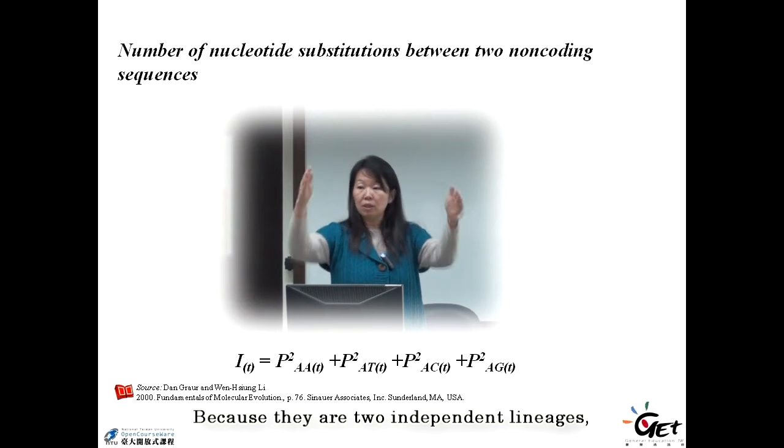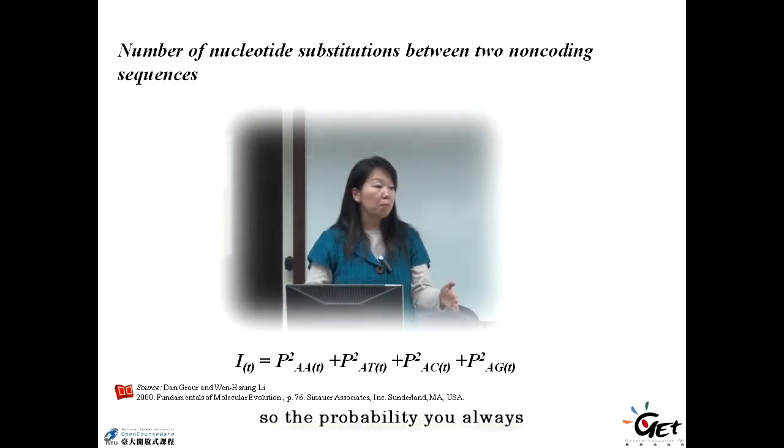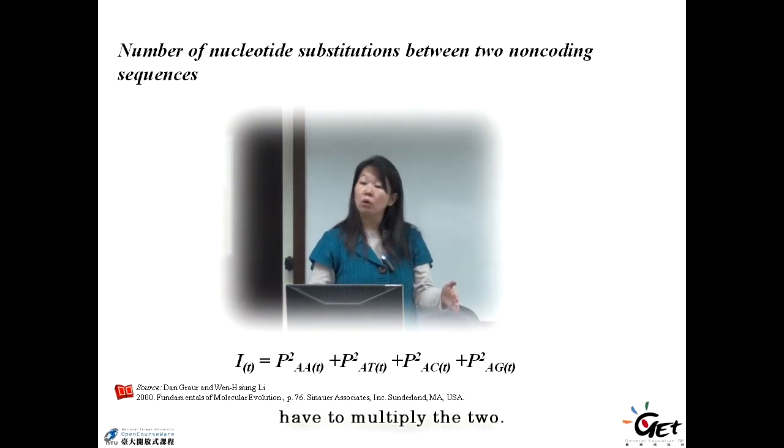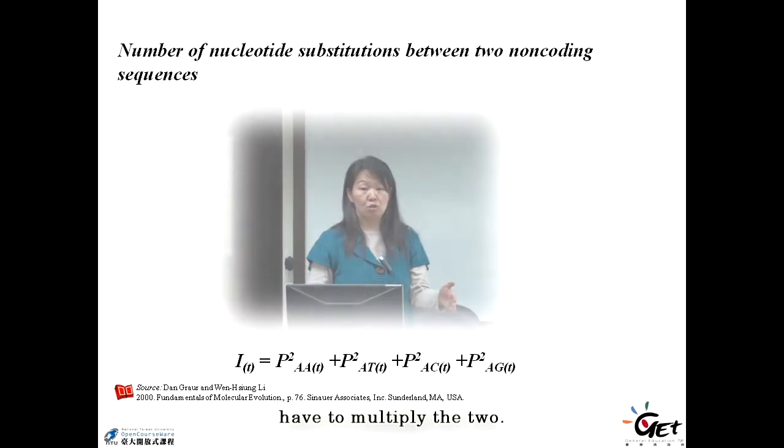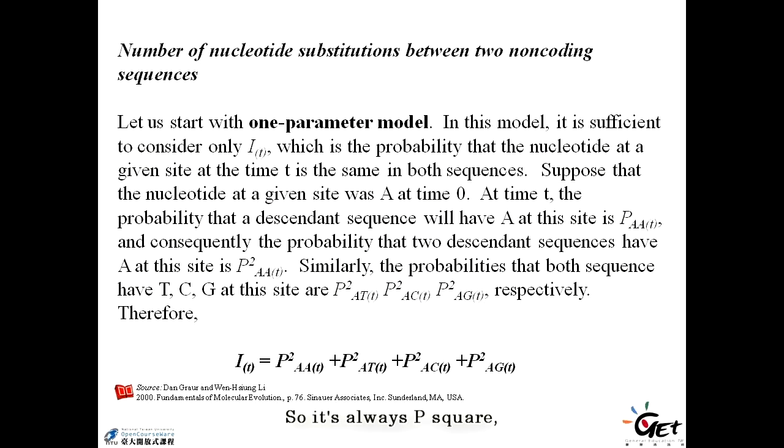Because there are two independent lineages, the probability is always you have to multiply the two. So it's always P squared, then you add them together. So you add all the possibilities together, then that's the overall probability that they are at the same state.